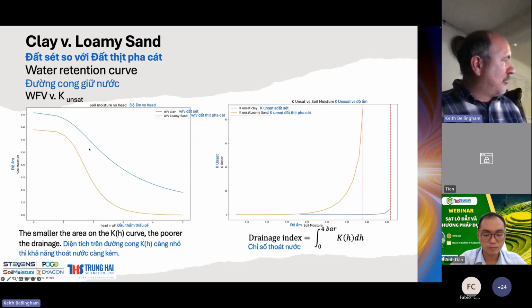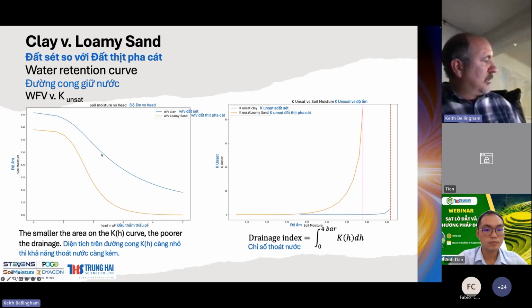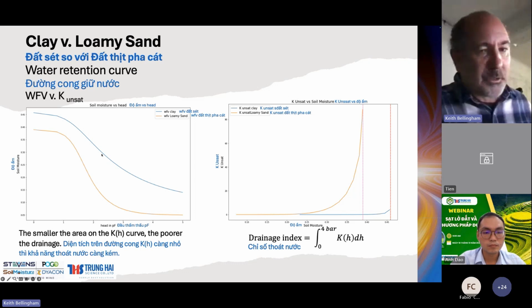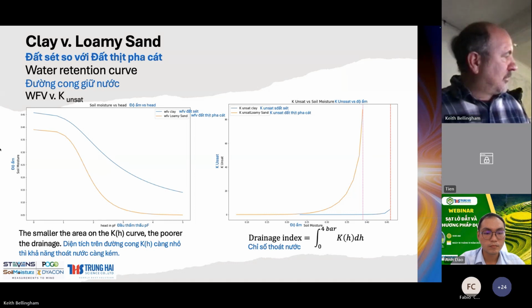We have a sandy loam and we have a clay-rich soil, and they have very different water retention curves. As you can see, with just a little bit of pressure, a lot of water comes out of the sandy soil. However, the clay-rich soil still retains lots of water, and it takes a lot of pressure to get that water out.